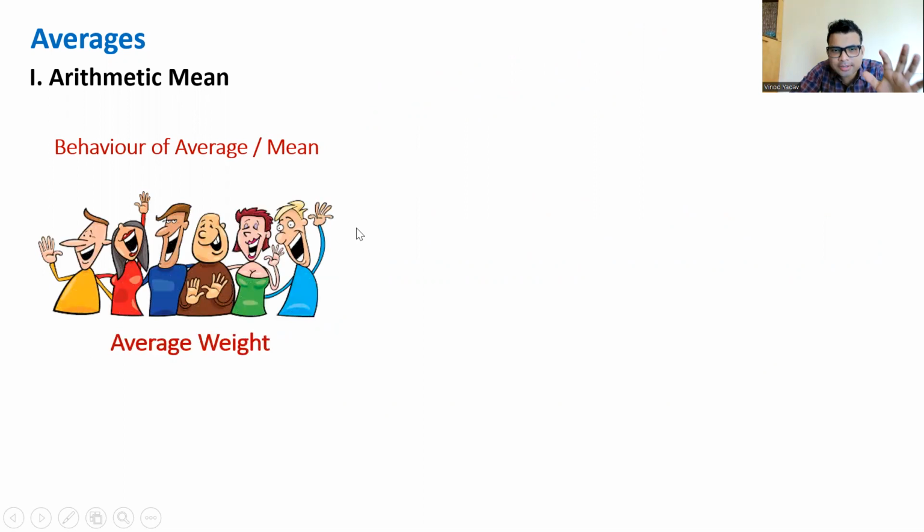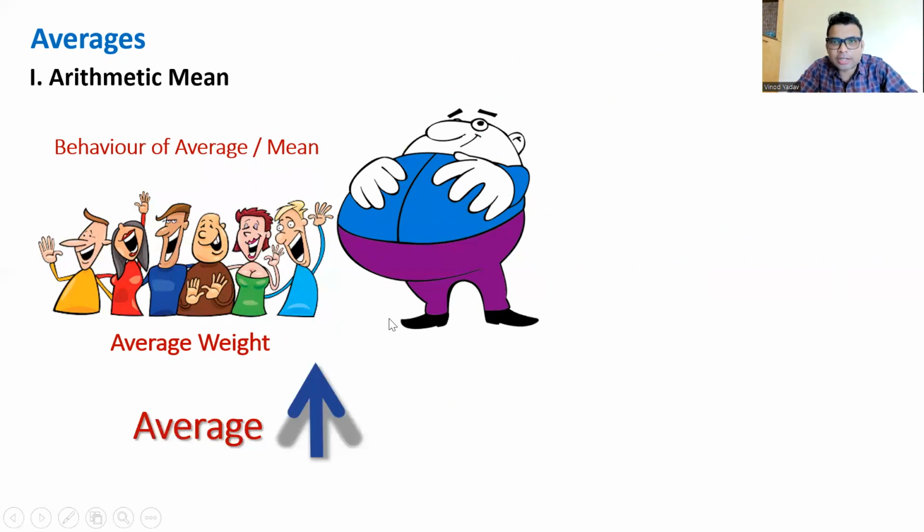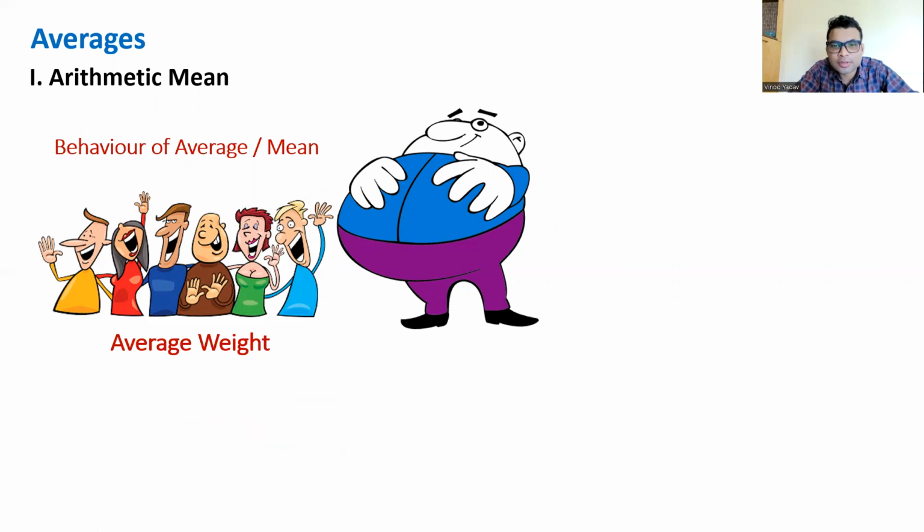See this. There is a set of people who have some weight, so they have some average weight as a group. Now, when a new person who joins the group weighs more than the current average, of course the new average will definitely increase, right? So the new average will be more than the current average.